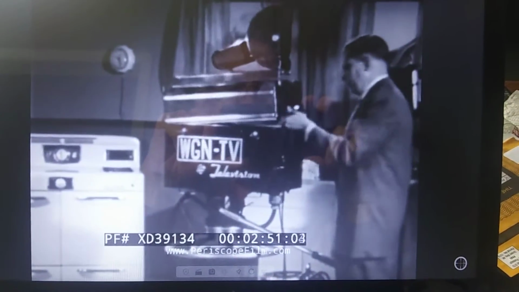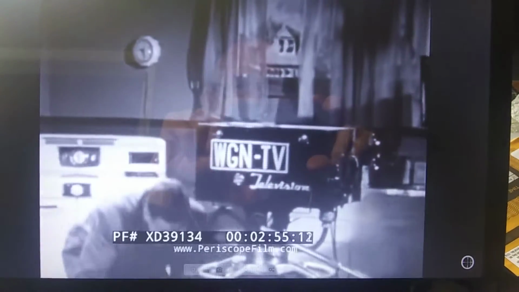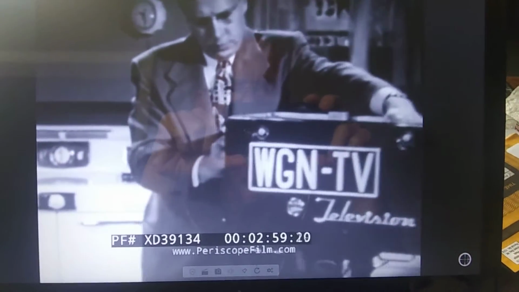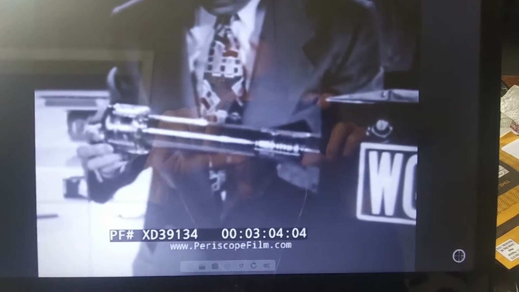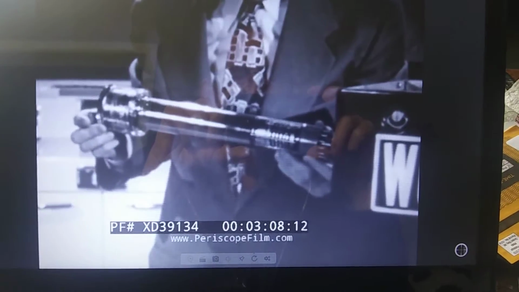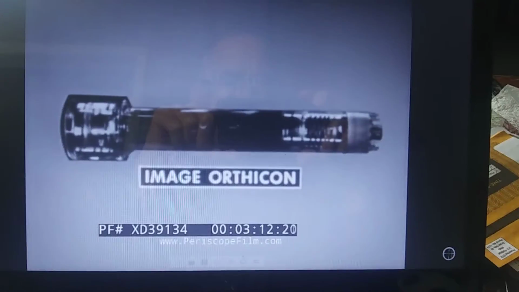Now, let's look into a TV camera. Through one of its lenses, an image is formed, not on film, but on another tube. A tube which costs more than $1,000. This type is called the image orthicon tube.